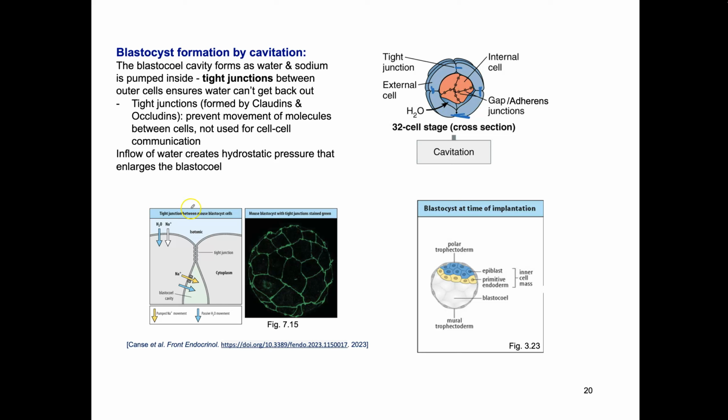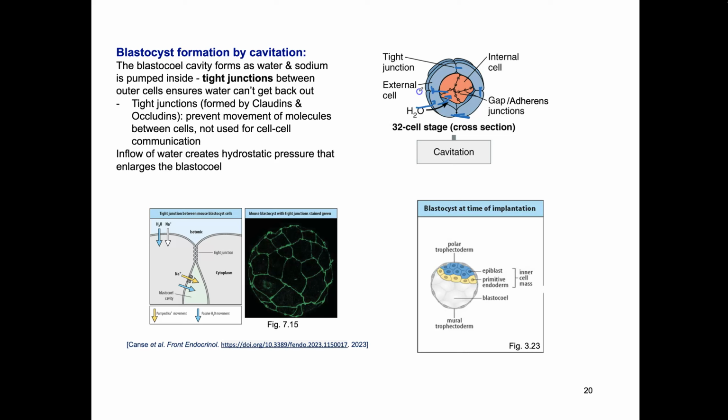And then what happens is that water and salt are pumped into the cells. The salt is pumped out into the center. And when that happens, the water just follows passively, because when you have a high salt concentration, the water is drawn across. And so you wind up with this fluid-filled, salty cavity.